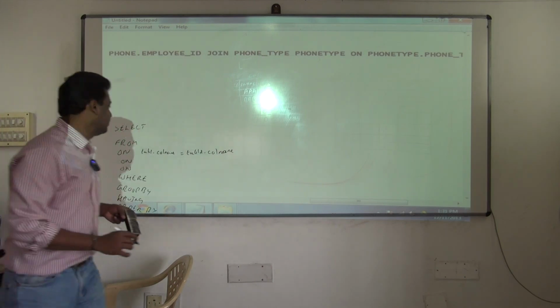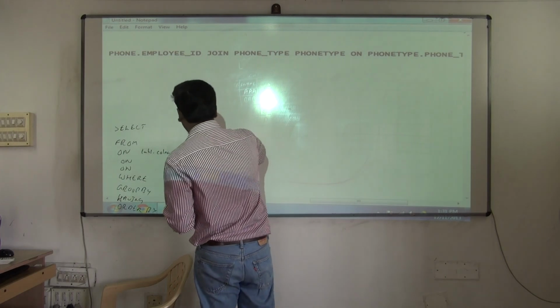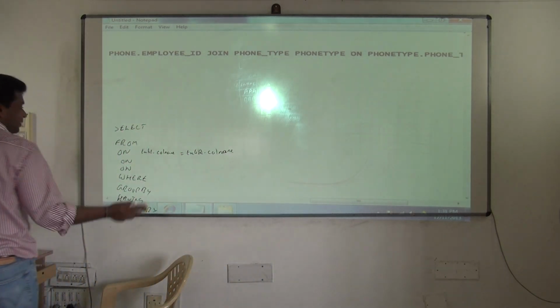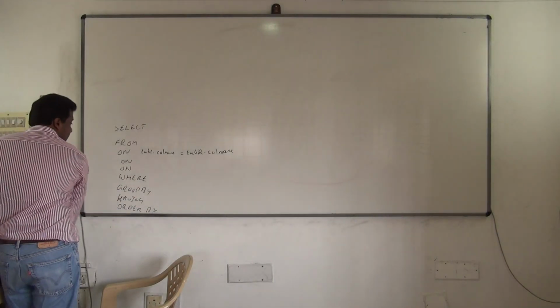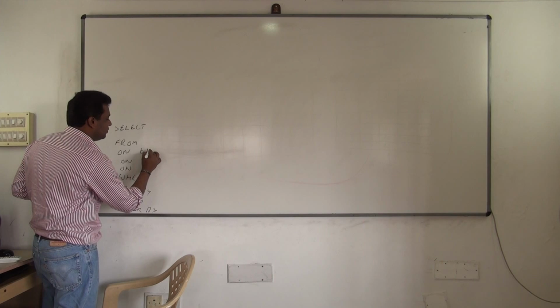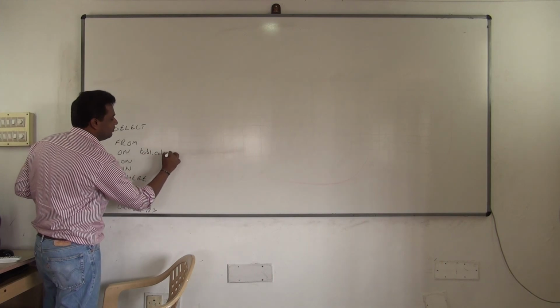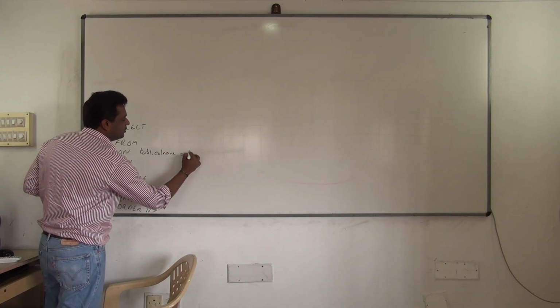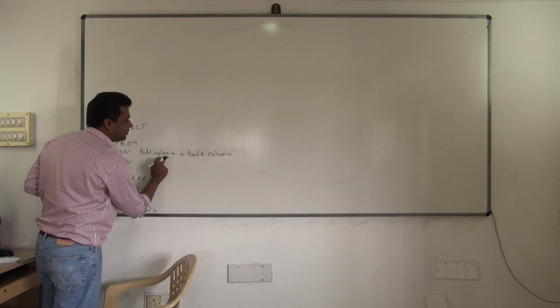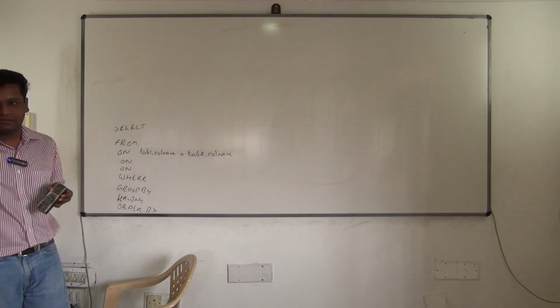Understood? This is table 2. Roughly I am writing the syntax for doing multiple table joins. On table 1 dot column name is equal to table 2 dot column name. But generally these two columns will be primary key, foreign key.